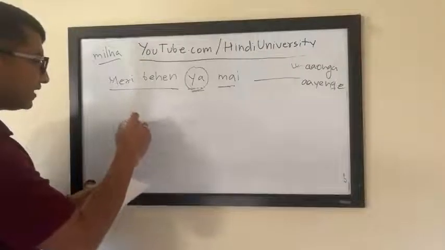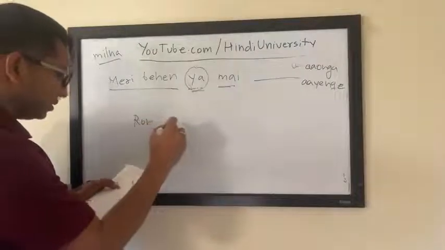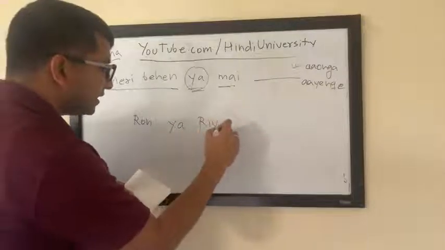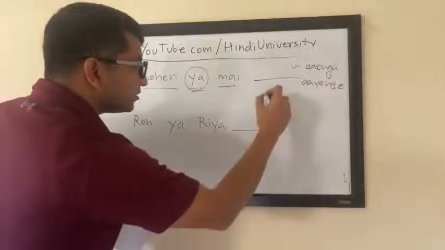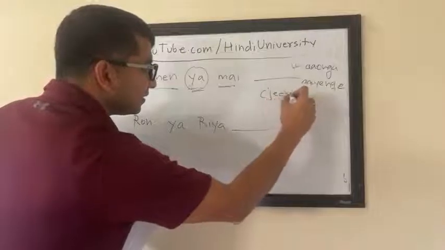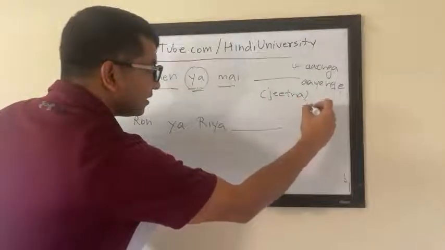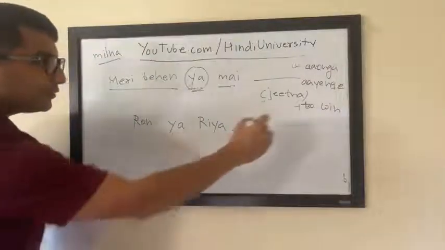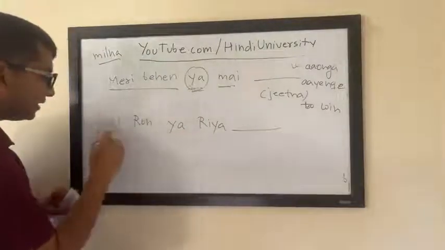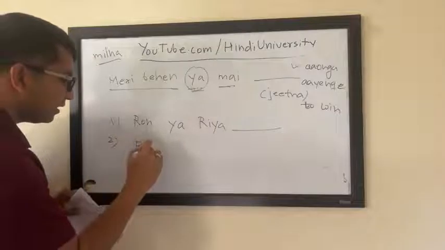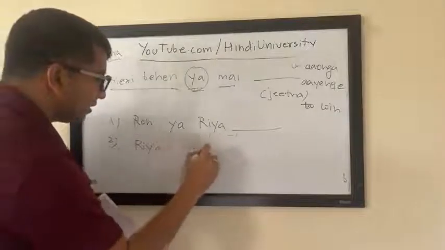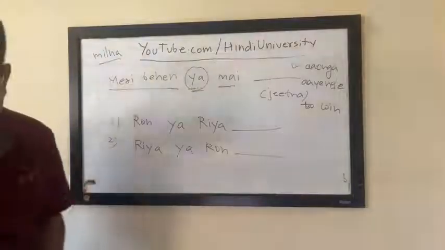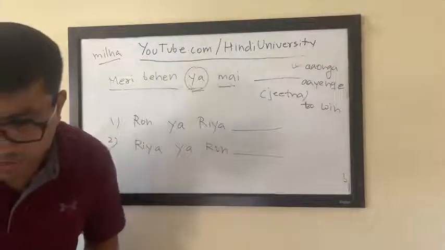Either Ron or Rita will win. So you have Ron या Rita, with the verb जीतना, to win. So Ron या Rita, you have to use it. That's number one. Second one is Rita या Ron.